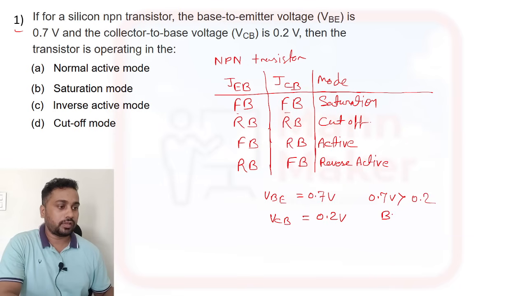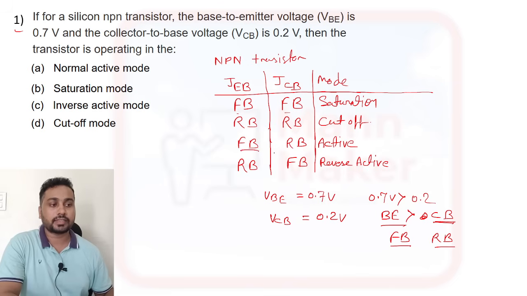So this is your VBE junction and this is your CB. We can say this is in forward bias and this is low, so this is in reverse bias. So the base emitter is in forward bias and the collector base is in reverse bias, which means it is in active region. Normal active mode. Option A is the right answer.